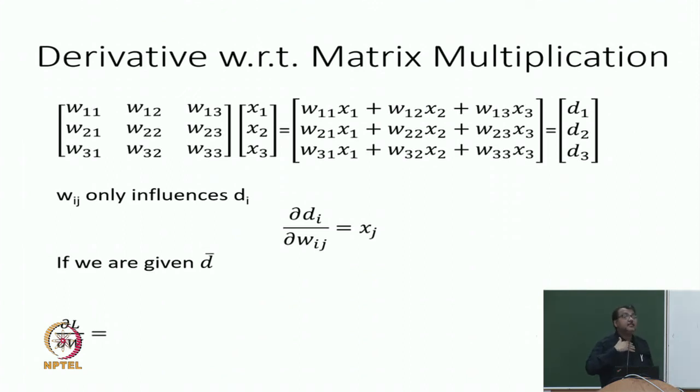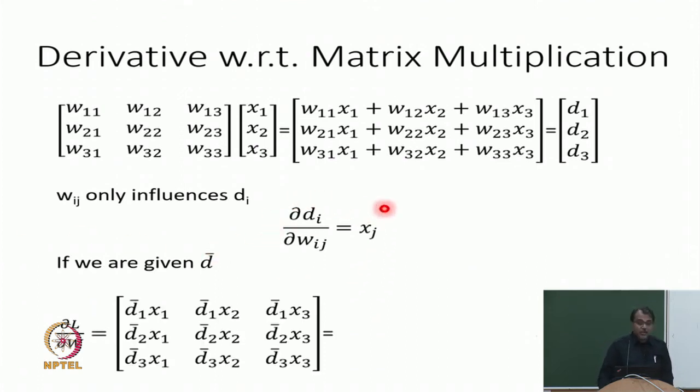D1 bar, D2 bar, D3 bar? D2 bar, because look, W21 is only influencing D2, right? So, only D2 bar will flow back, and it would be multiplied with x1, because that's the local derivative that we have just computed. So, basically I will get an expression like this.